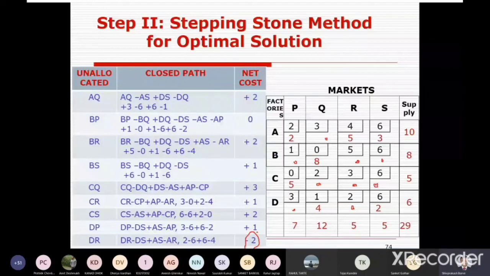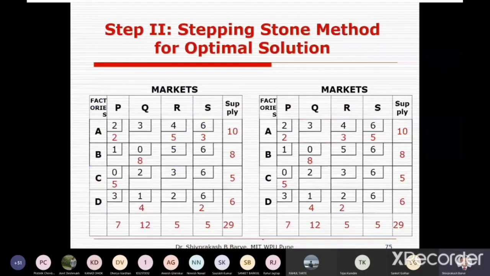So if there is a negative value, it gives an indication that you have to go for the next iteration to get the optimum value. So here I changed this solution, and I have shifted some units from DS to DR, 2 units shifted here, and accordingly all the changes are made in this matrix.